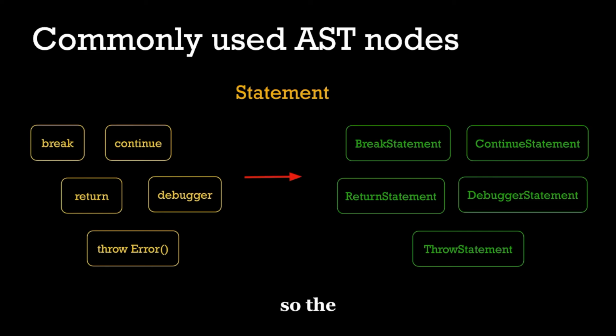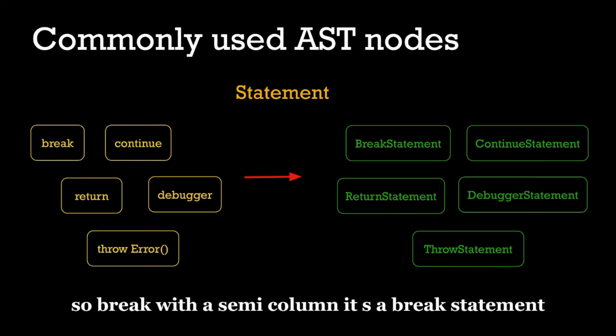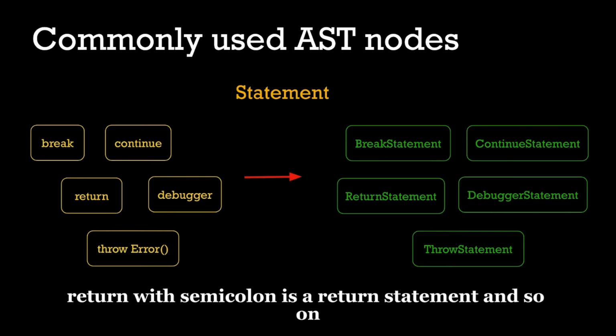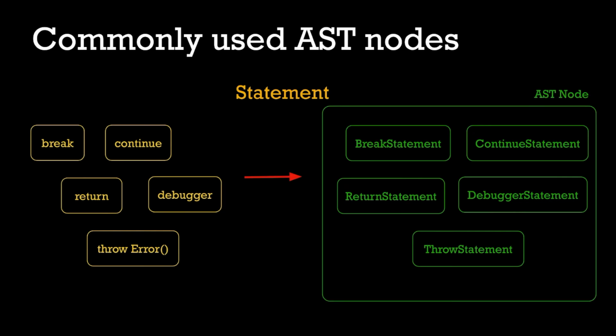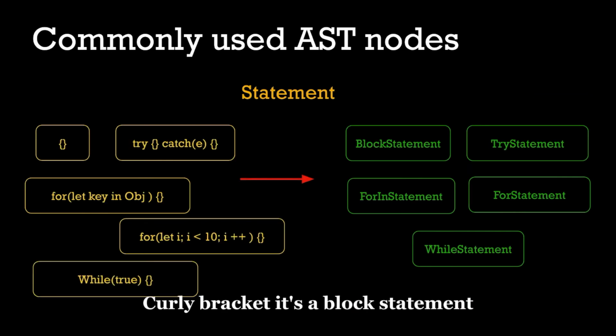So here are the corresponding AST nodes as shown here. Break with a semicolon, it's a break statement. Continue with a semicolon, it's a continue statement. Return with a semicolon is a return statement, and so on. Curly brackets, it's a block statement. Try catch is a try statement.